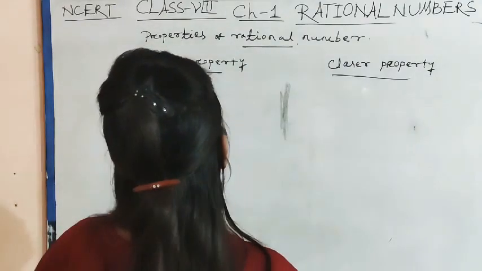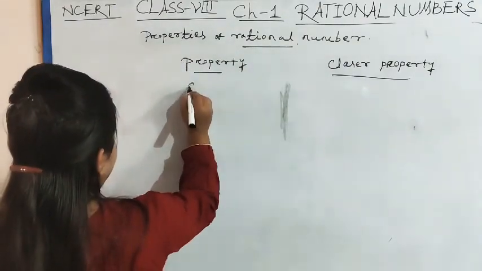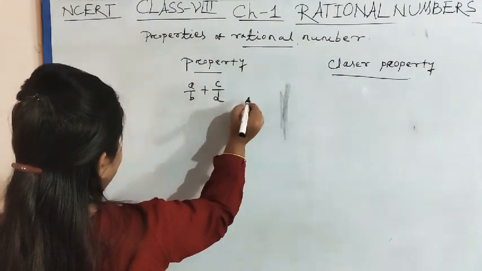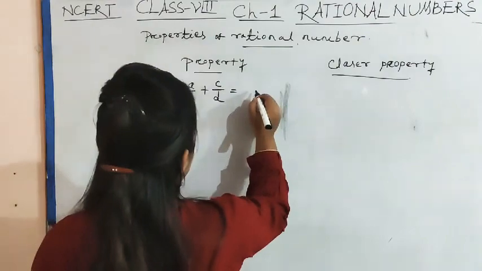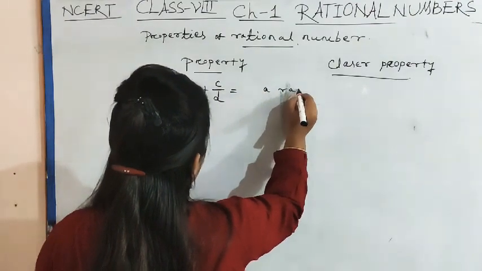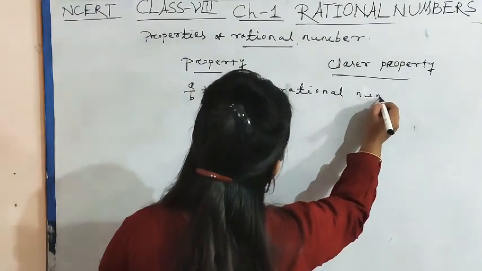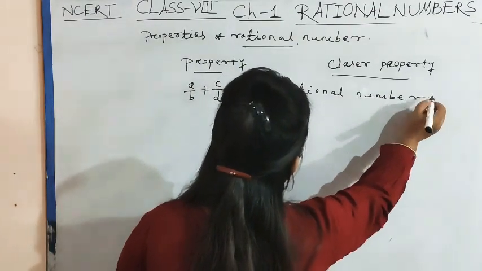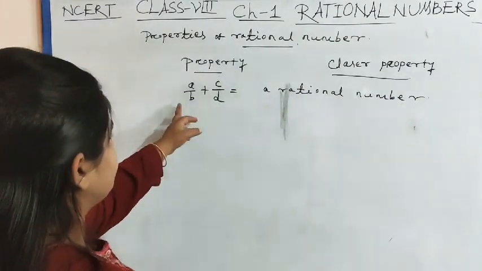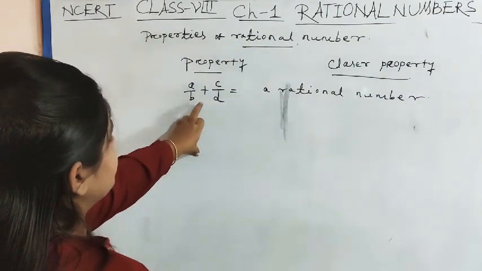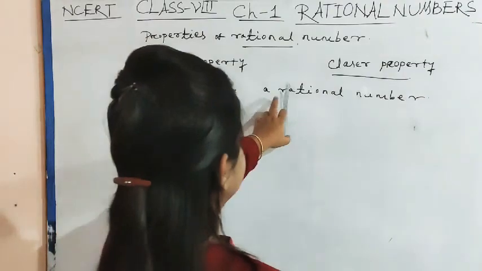So for rational numbers, if A by B is one rational number and C by D is another rational number, then their sum is also a rational number.